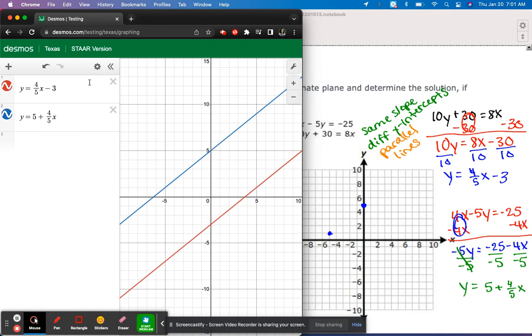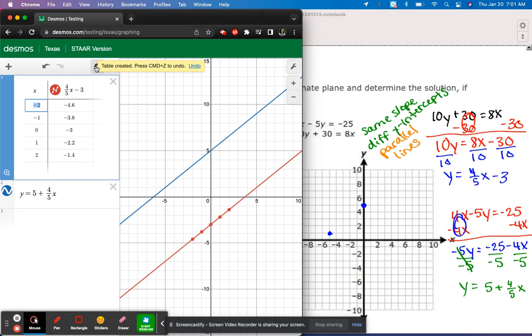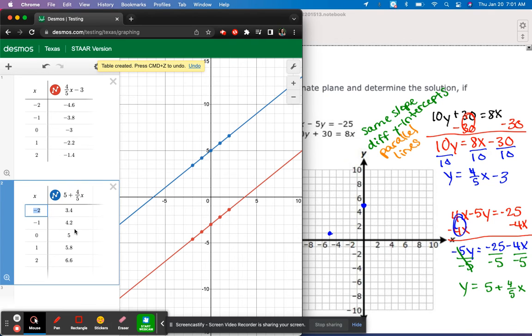Another way that you can get the points on the graph is if we go to settings, and you can change both of these into a table to see what some of the points are. If you want to add more points, just make sure that you press enter and it'll add more for you. And I believe we use -5, +1.